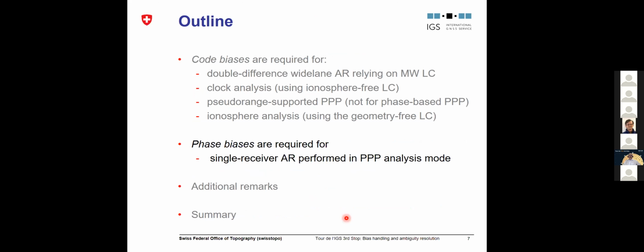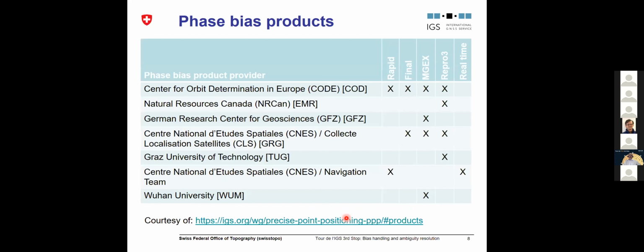Phase biases are required for single receiver ambiguity resolution performed in the PPP analysis mode. Let me directly start with an overview of the IGS phase bias providers.